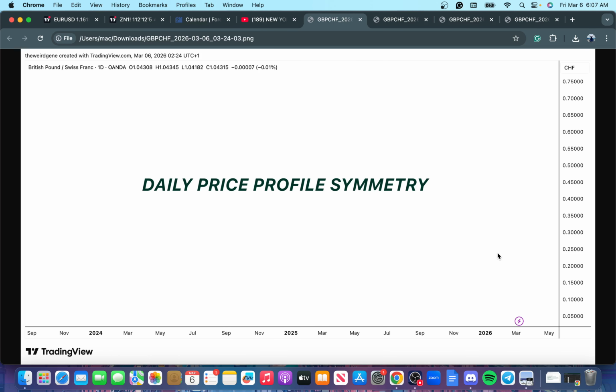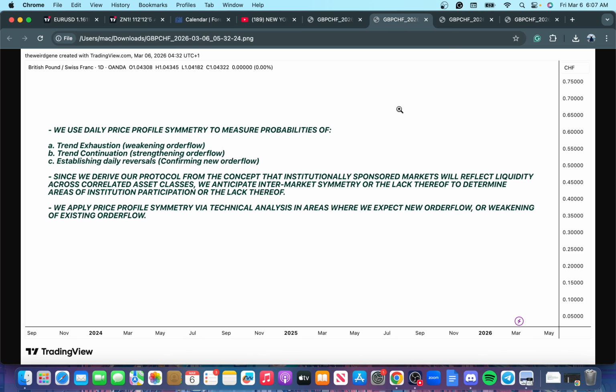Now, we're going to talk about a very specific instance where we apply daily price profile symmetry for our trading protocol. And in this instance, we're strictly focusing on trend exhaustion, right? So we're focusing on how to utilize daily price profile symmetry to measure the probabilities of a trend exhaustion, aka weakening order flow, or a trend continuation, which is where you see higher time frame sponsorship.